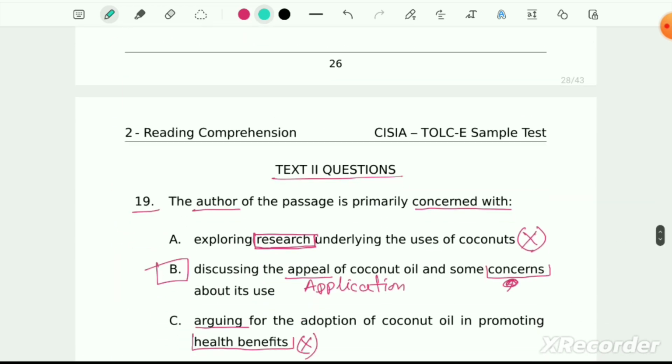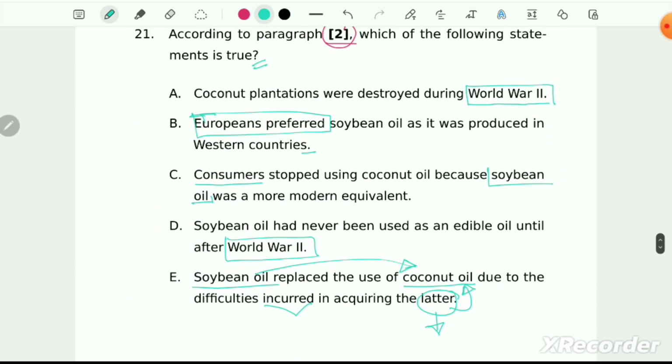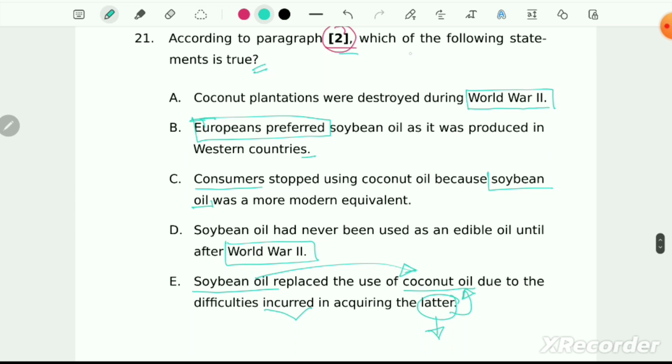If we go to the last options, according to paragraph 2, which of the following statement is true? The soybean oil replaced the use of coconut oil due to the difficulties incurred in acquiring the latter. So I believe E is the answer.